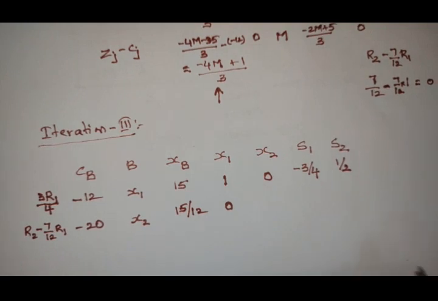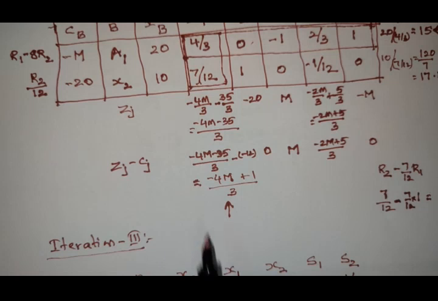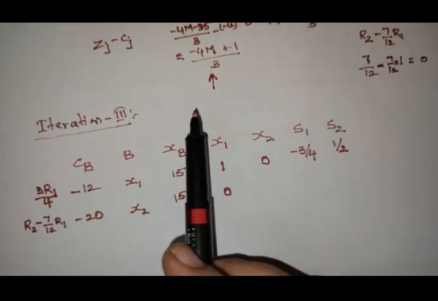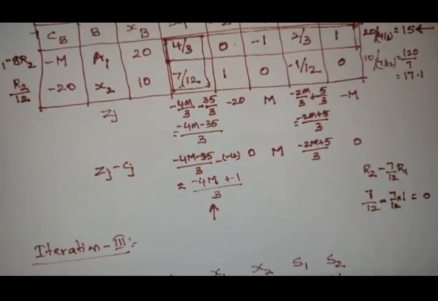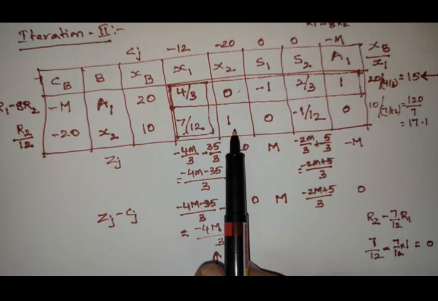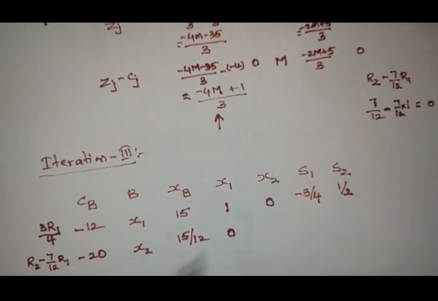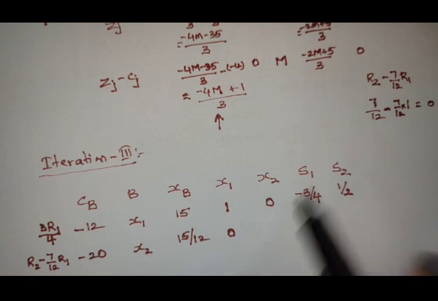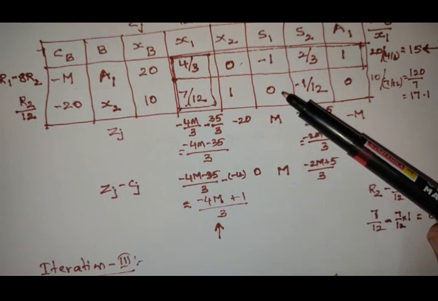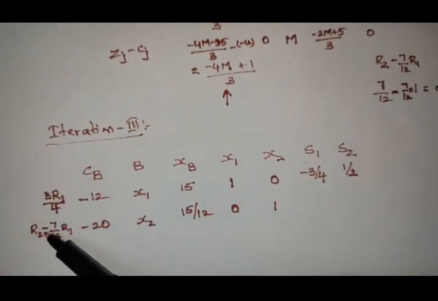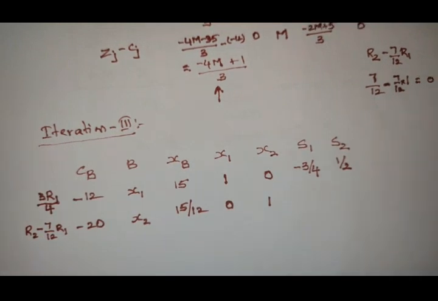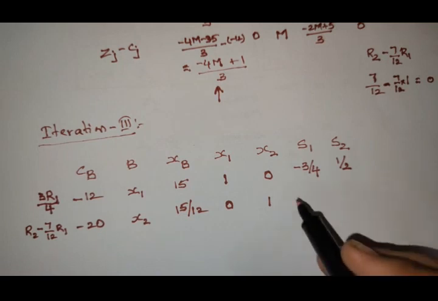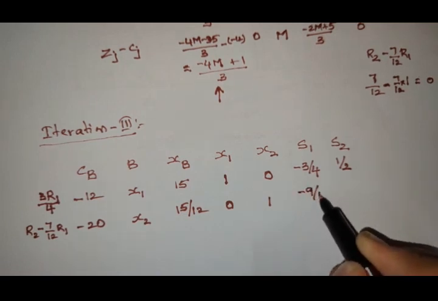Next, as usual, 7 by 12 minus 7 by 12 into 1 becomes 0. Next, 1 minus 7 by 12 into 0, 1. Next, 0 minus 7 by 12 into minus 3 by 4. How much will we get? We will get minus 9 by 16.